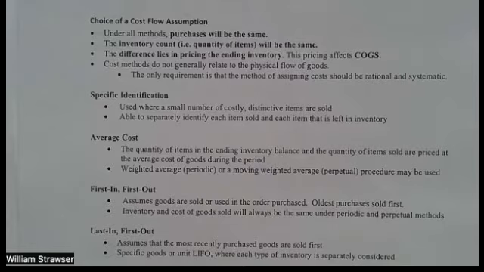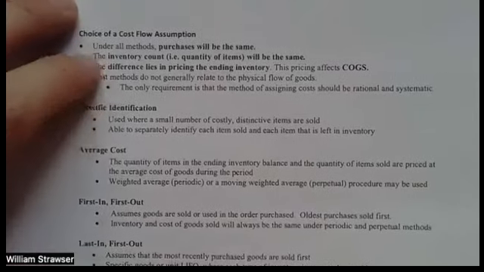But I do want to spend the remaining time just reintroducing the ideas of cost flow assumptions. That way, we won't get into the weeds of calculating cost of goods sold and inventory under each one, but I want us to refresh and remember and also understand some of the theory that's behind them. And the theory is pretty simple.